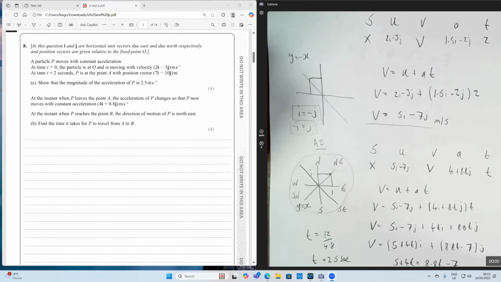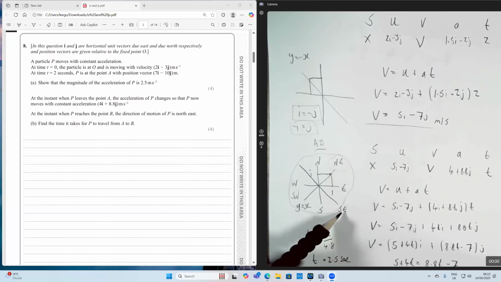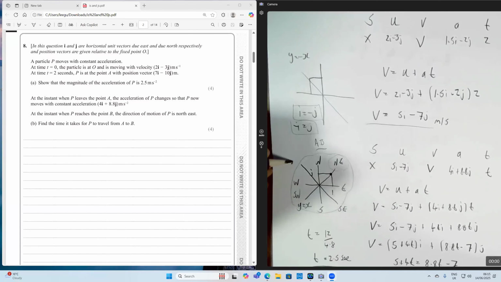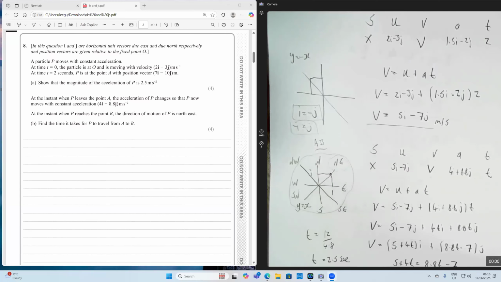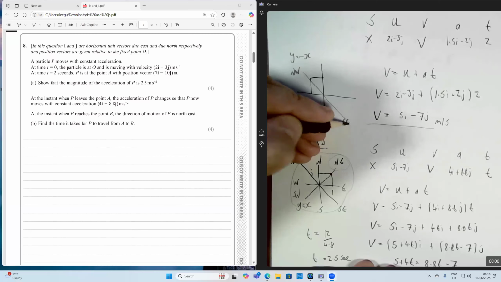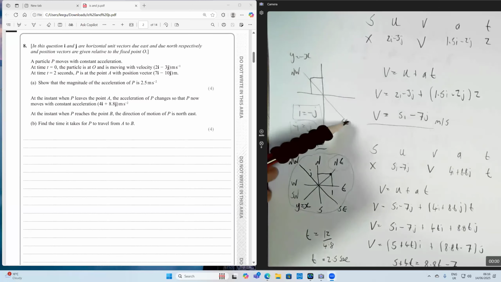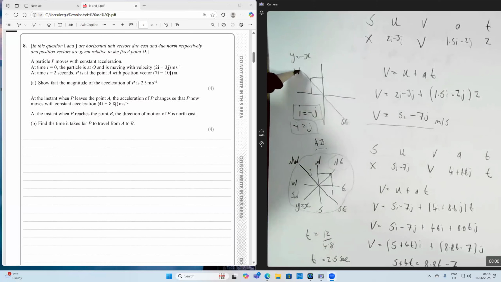So that's what we would do if the question told us it was traveling in a southeasterly direction. And then finally, they sometimes say it's going northwest. If it was going northwest, or southeast, we would take the i component and put it equal to negative the j component, or vice versa. The reason for that is because it would be lying along the line y equals minus x.